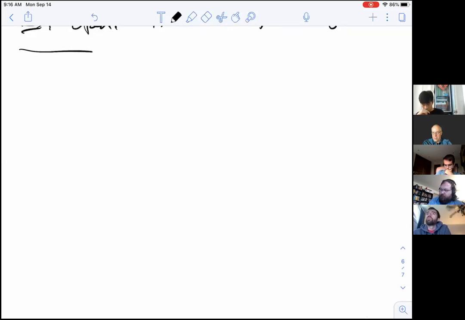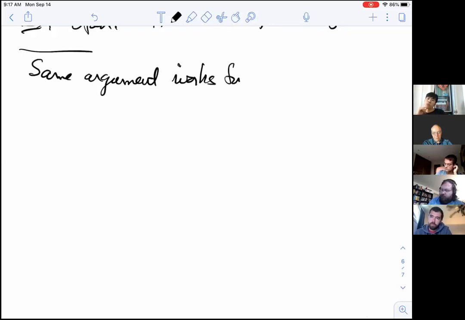I won't go through the details, but the same argument works for compact manifolds with boundary.